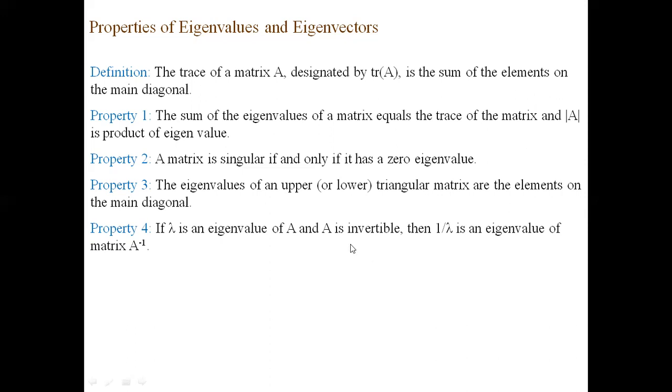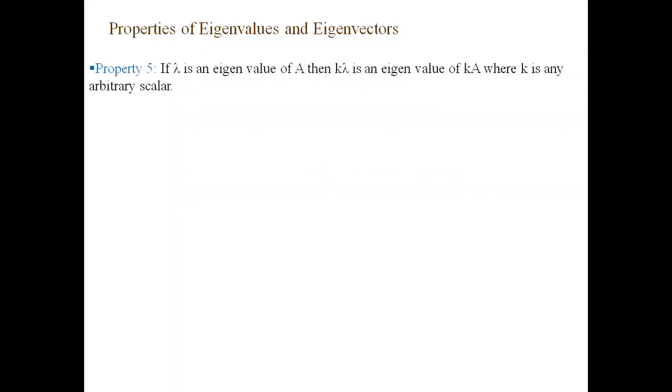Can you understand property 4? Yes or no? Yes, sir. Okay. These are nothing but some properties. Now another property. Property 5: if lambda is an eigenvalue of A, then k lambda is an eigenvalue of k into A, where k is any arbitrary scalar.